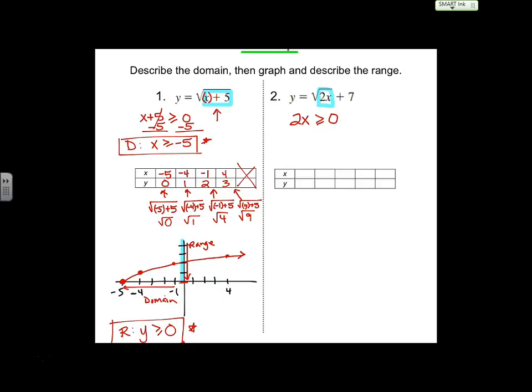Two times zero is what? Alright, it's plus seven. Oh, that one was good. Two times zero is zero. And then square root of zero is zero.